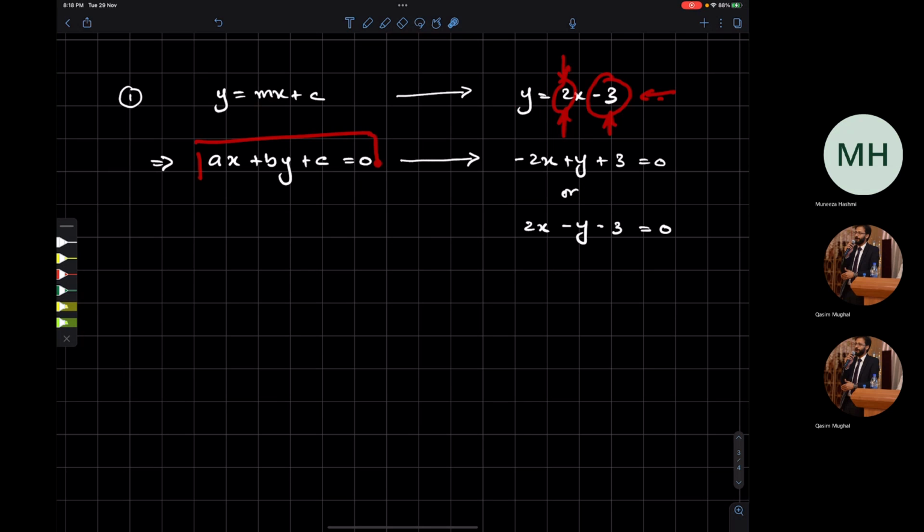But you can also get the same information from this format. If you want to know the gradient, it is going to be minus a over b, where a is the coefficient of x and b is the coefficient of y. This is going to give you m.